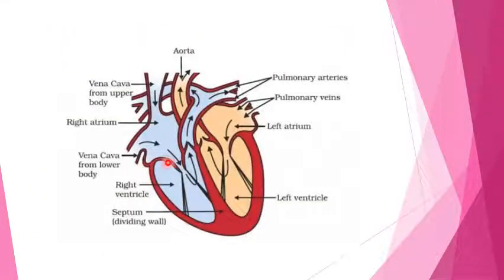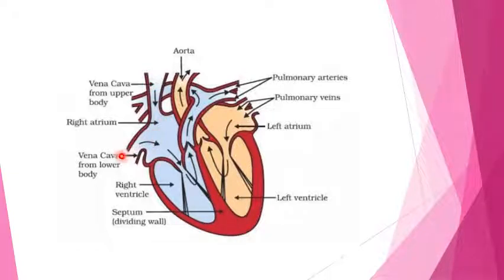So this is your NCERT diagram. Sometimes you can be asked to draw the transverse section of the heart showing the various arteries and veins with the arrows of a double circulation. Here you can see this is the vena cava from the upper part of the body carrying the blood to the right atrium.